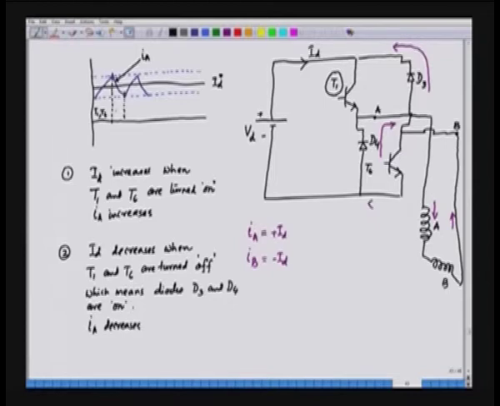So, for this region we have the conduction of D4 and D3, D3 and D4. So, we are able to control the current.